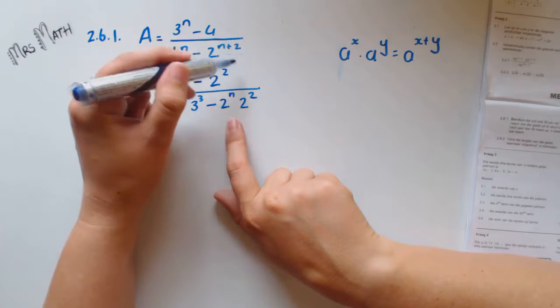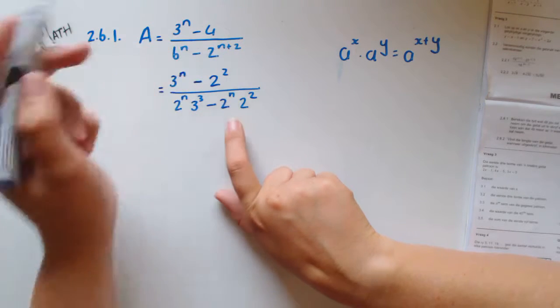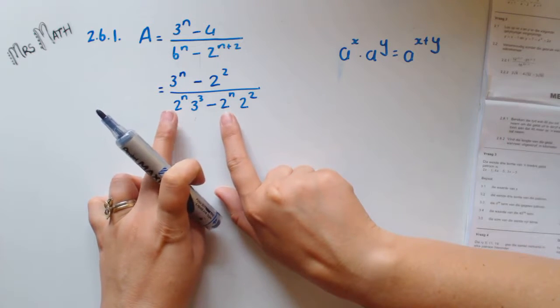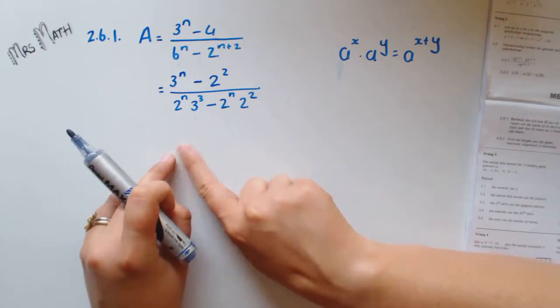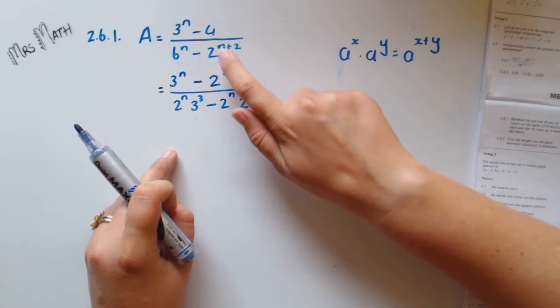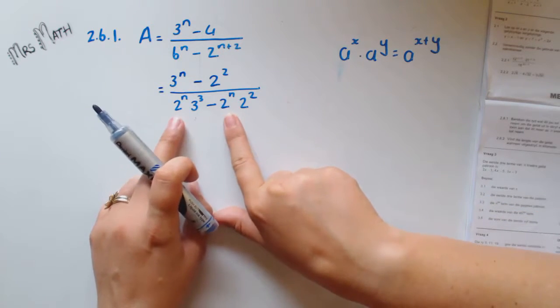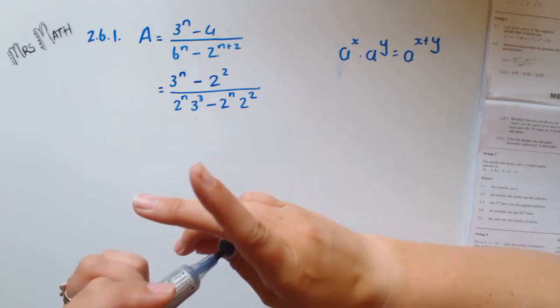The reason I separate the 2 to the power of n and the 2 to the power of 2 is because there's a 2 to the power of n that I can take out. But if it's like that, I can't take it out, then what about that 2? So I split them.